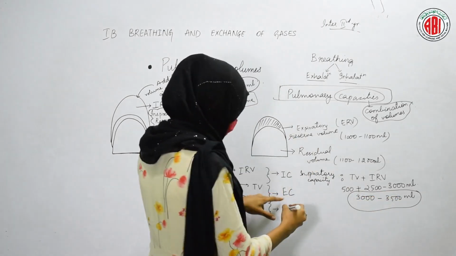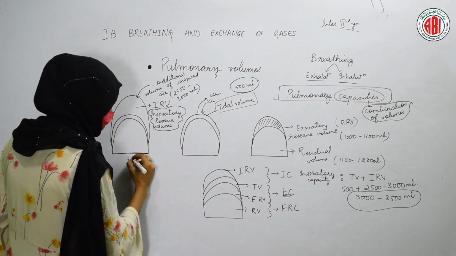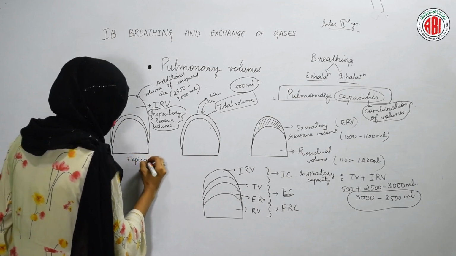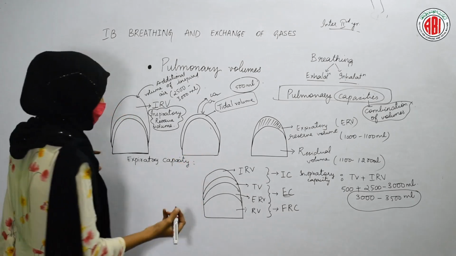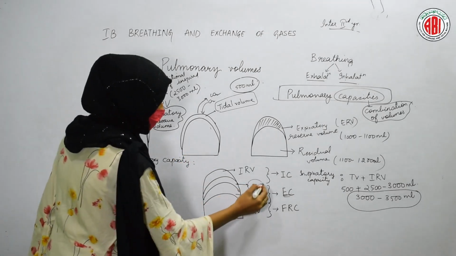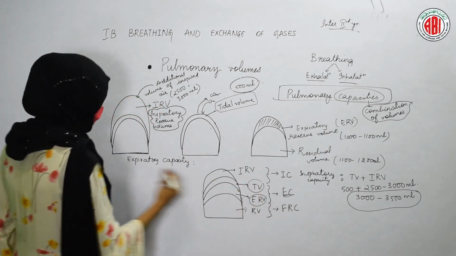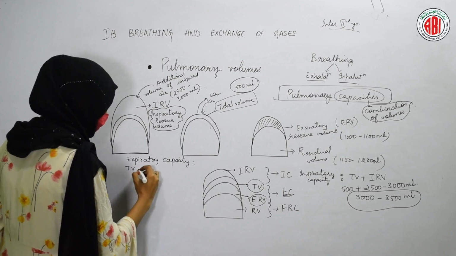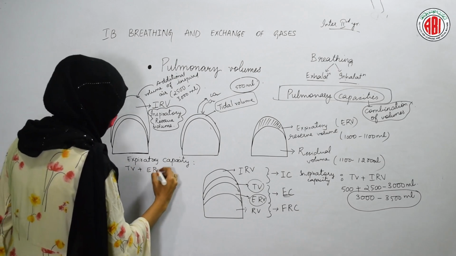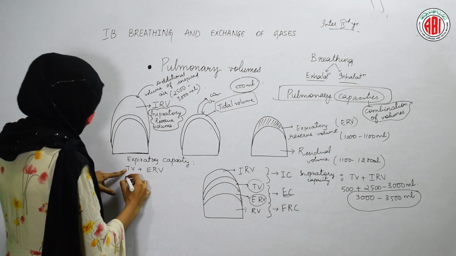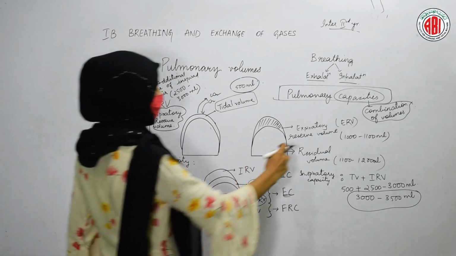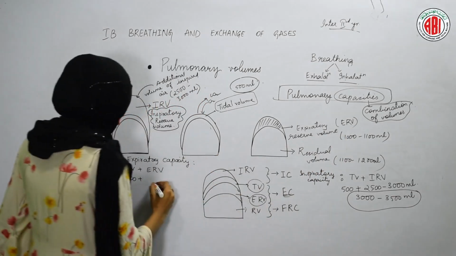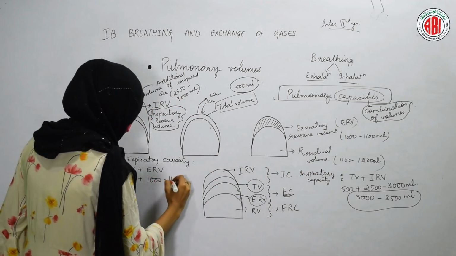Now we'll calculate EC. EC stands for expiratory capacity, and this capacity shows the combination of TV and ERV. TV stands for tidal volume, ERV expiratory reserve volume. TV is given as 500 plus ERV, expiratory reserve volume, is given as 1000 to 1100 ml.